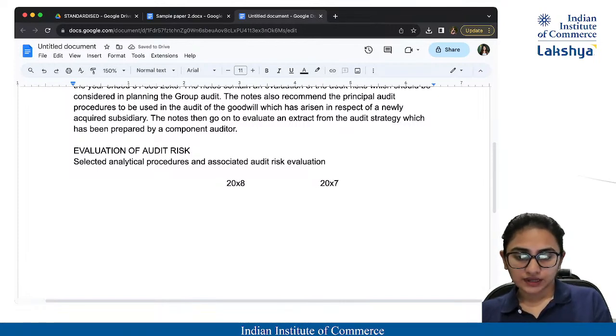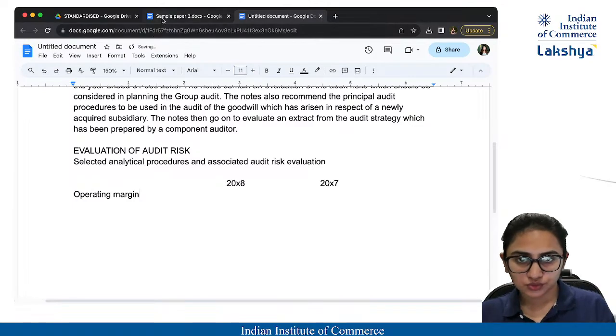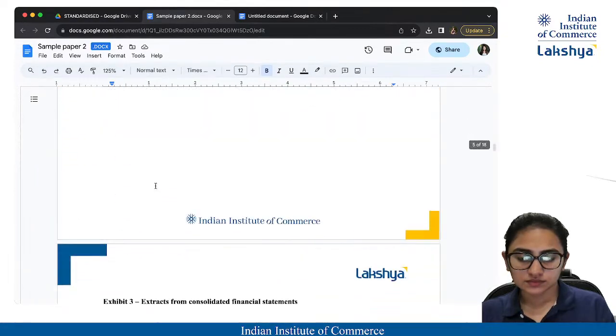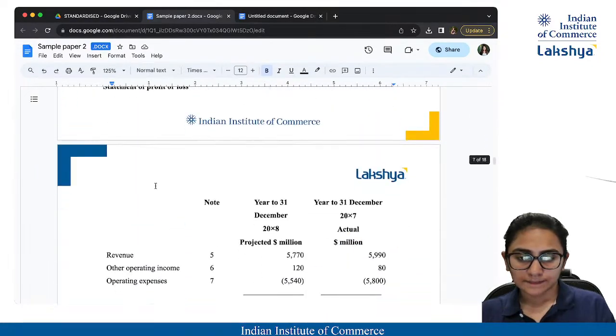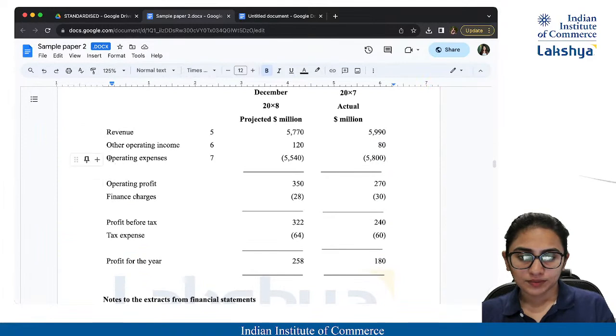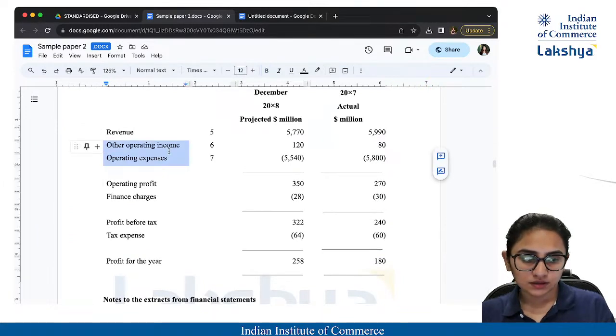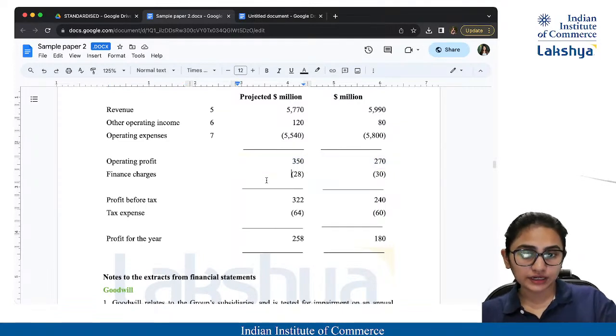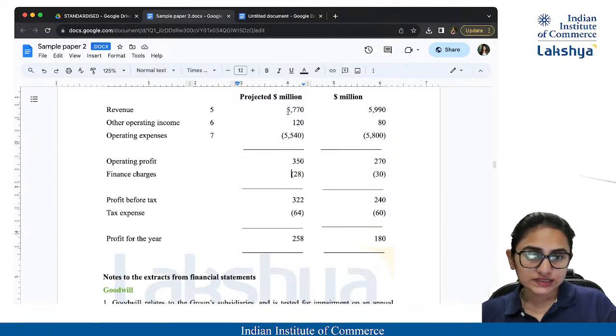So the first one we have is operating margin ratio. So go here, operating expenses, and this is the operating profit. So operating profit ratio, that is operating margin ratio, is operating profit divided by sales into 100. So sales is the revenue.